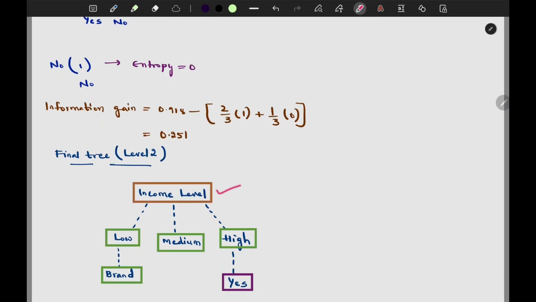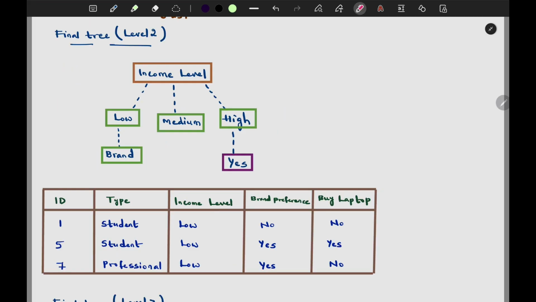So the root node will be income level, which is low, medium and high. For high, I already knew my leaf node is yes. But for low, I'm just considering brand preference. From this data, the income level is low for all these, correct? And the brand preference is between no and yes.